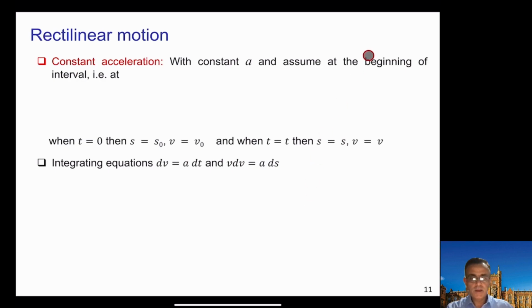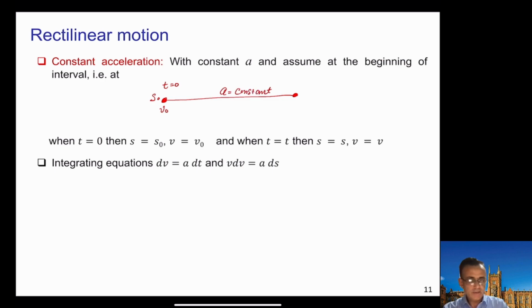Okay, so now consider a specific case of rectilinear motion when the acceleration is constant. With constant acceleration a, assume at the beginning of the interval that a particle is initially here and then it's here. Here the time is 0, the velocity is v naught, and the displacement is s naught, and a is constant.